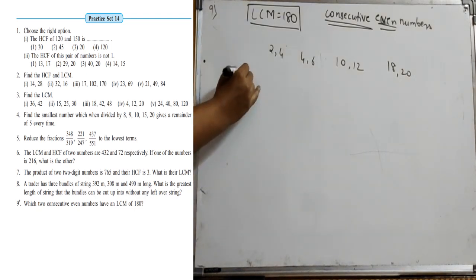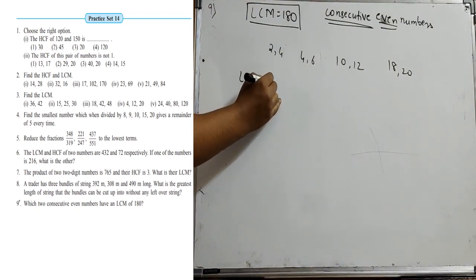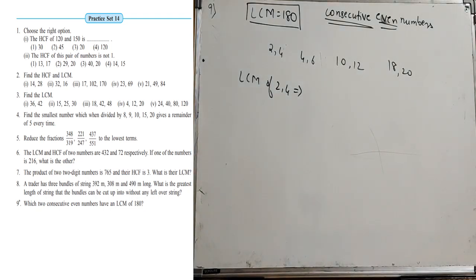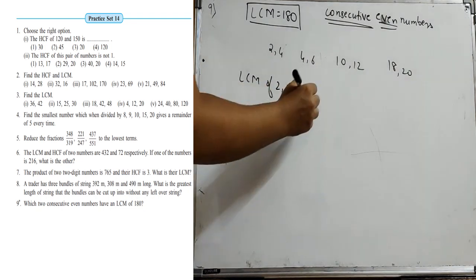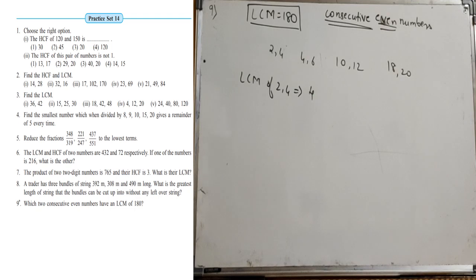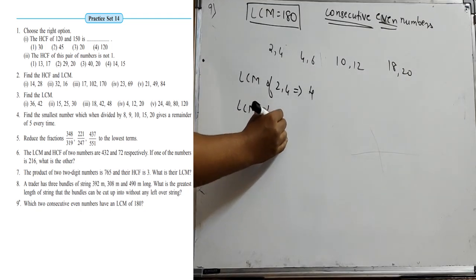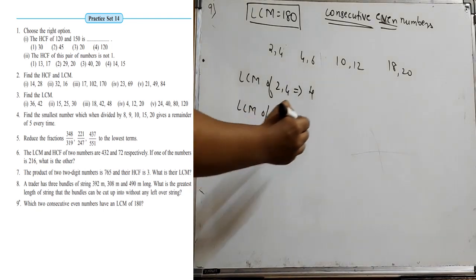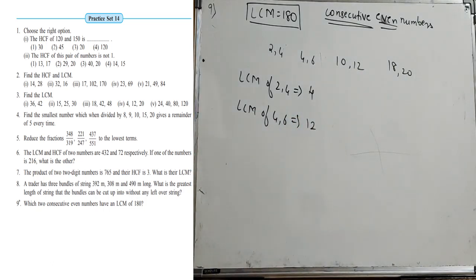So let us look at the LCM of 2 comma 4. What is the least common multiple of 2 and 4? If you solve it, you will get 4. Then the LCM of 4 and 6, if you solve, you will find is 12.